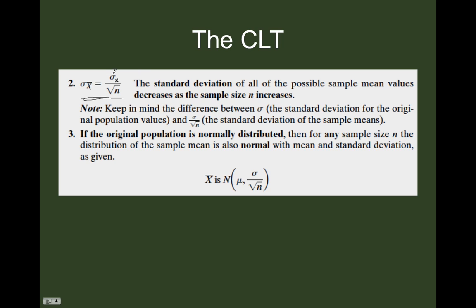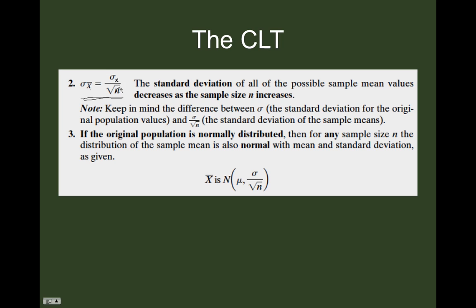So the population standard deviation for x bar is equal to the population standard deviation for x divided by the square root of n. And notice mathematically, as n increases down here in the denominator, even though it's being square rooted, as it increases, the square root of n increases.